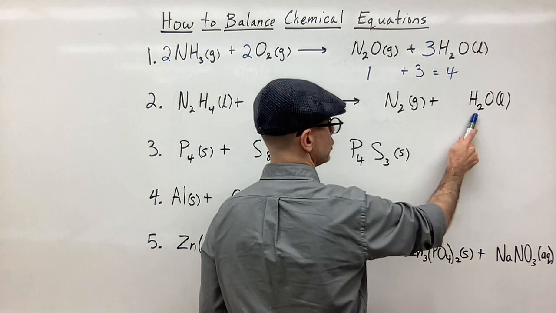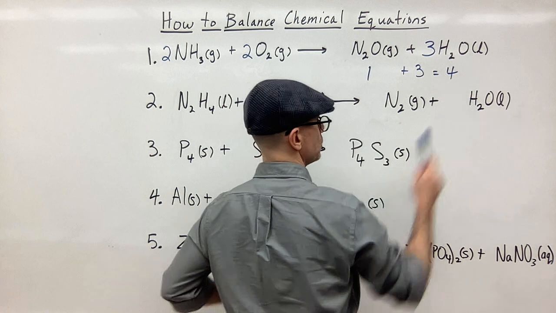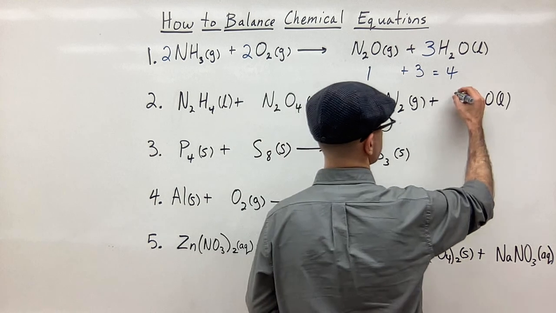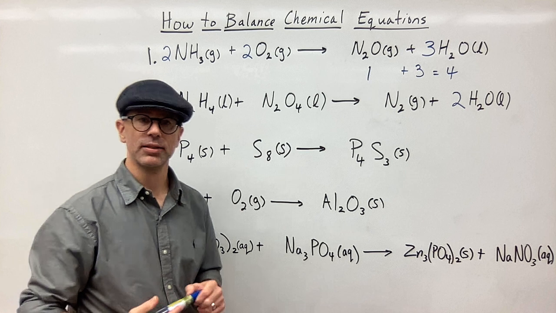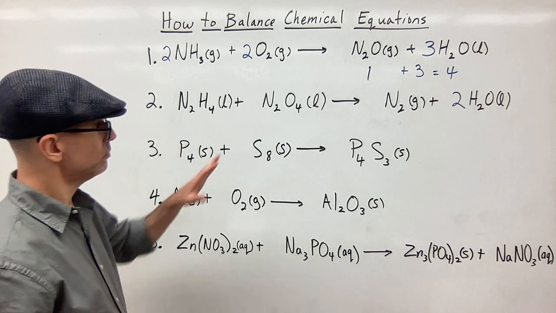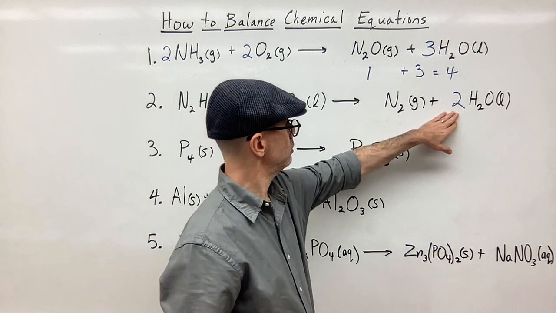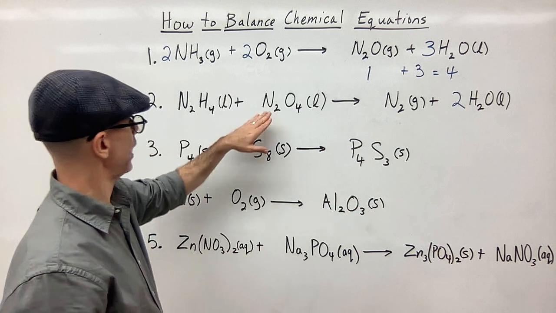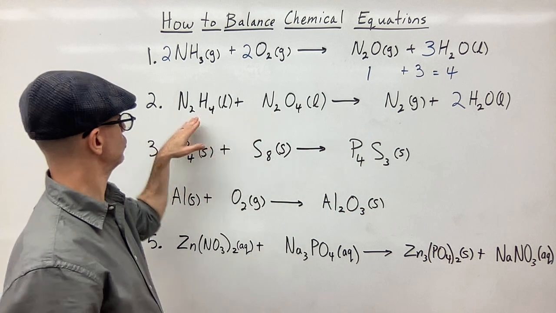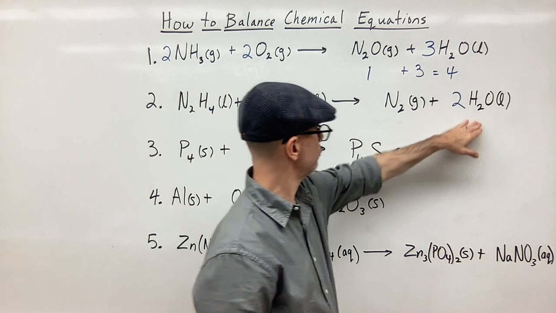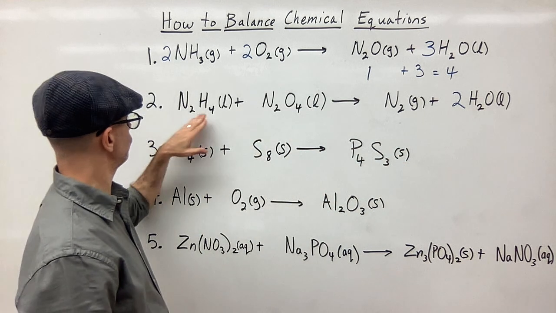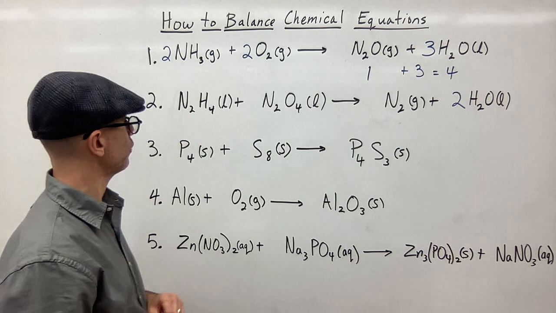I only have 2 hydrogens over here, so what times 2 gives me 4? 2. So now my hydrogens are balanced. So 2 times 2 is 4, and then 1 times 4 is 4 over here.